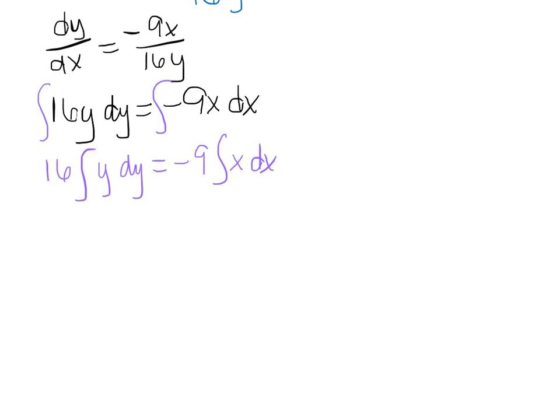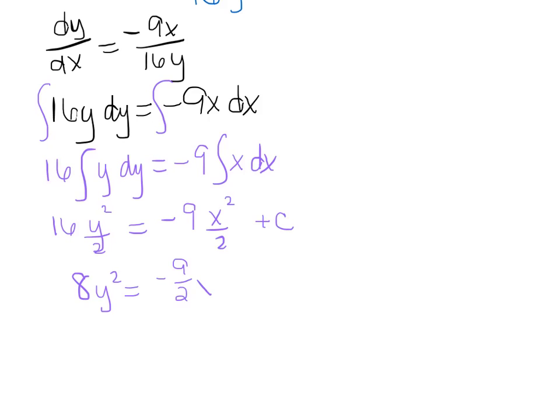When I do that, I end up with 16 times the integral of y, which is y squared over 2, equals negative 9, and the integral of x is x squared divided by 2, plus c. When I simplify this, 16 divided by 2 is 8, so 8y squared is equal to negative 9 halves x squared plus c.